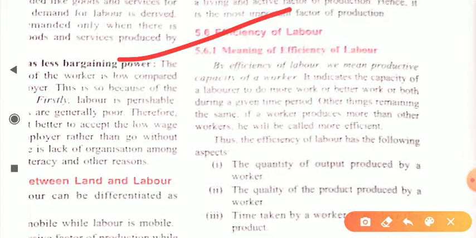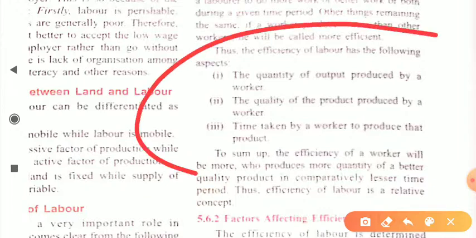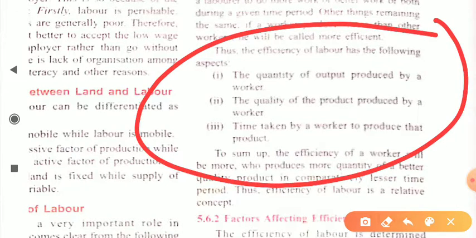Suppose someone is producing more goods and someone else is producing less; the one producing more goods is known as more efficient. Thus, the efficiency of labor has the following aspects. The first is the quantity and quality of output produced by a worker.